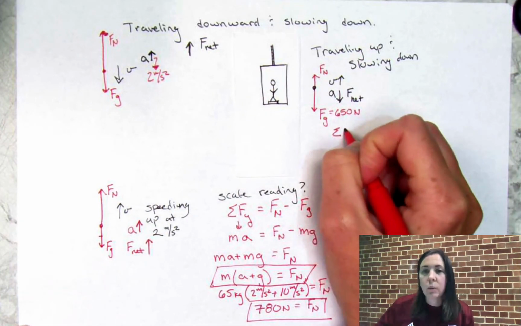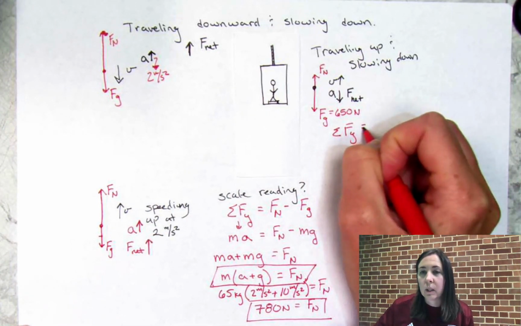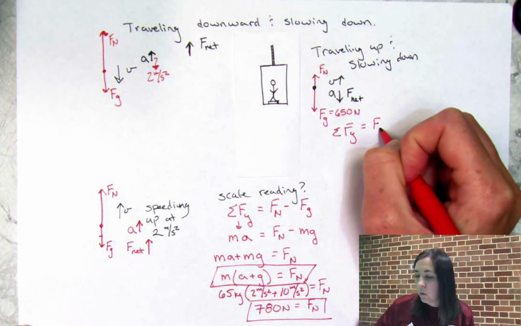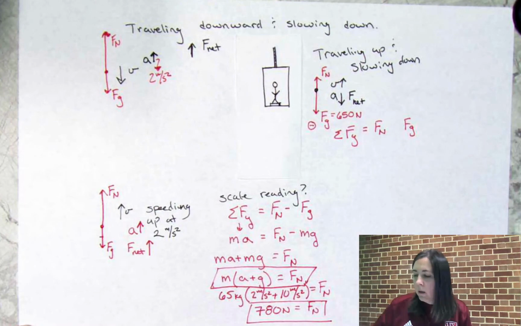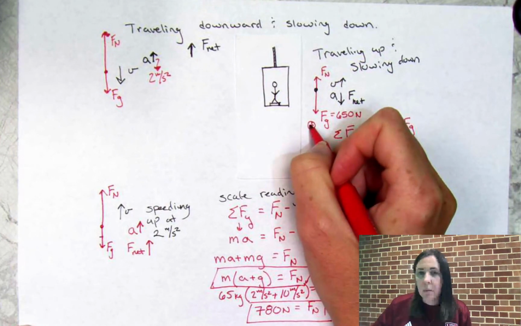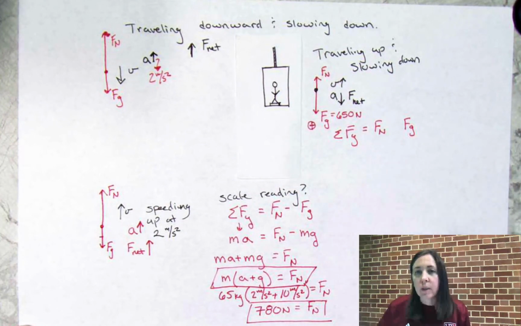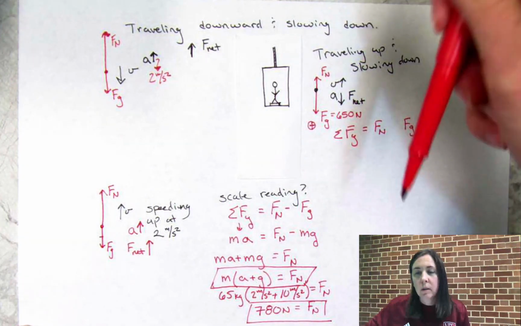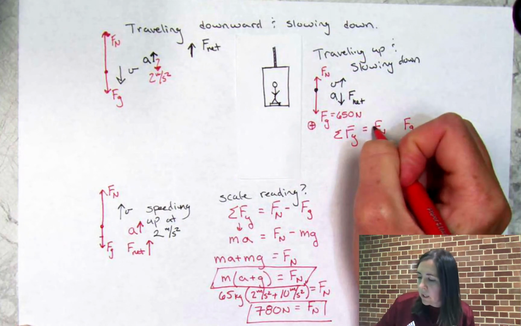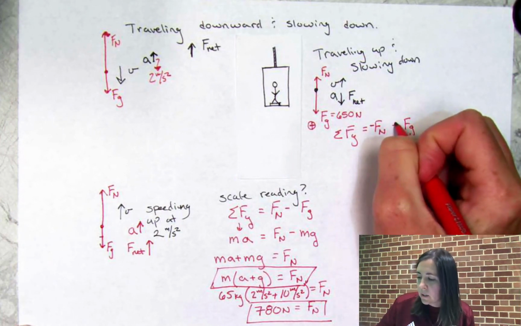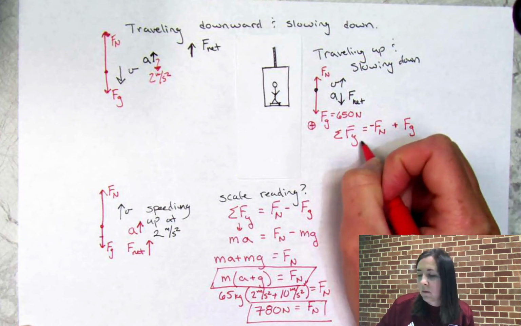All right, so what does the math look like then? Well, same deal. We sum the forces in the y direction and we get the normal force and the force of gravity. I'm going to have the acceleration downward be in the positive direction. I like whatever direction I'm accelerating in to be positive, which would give me a negative normal force and a positive force of gravity. So I sum the forces in the y direction.